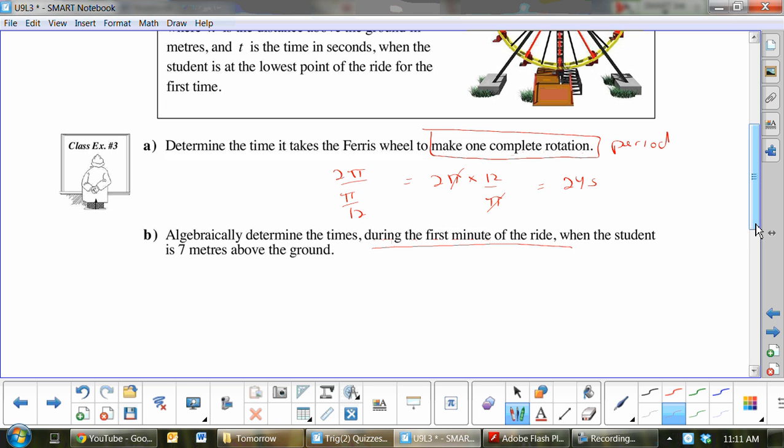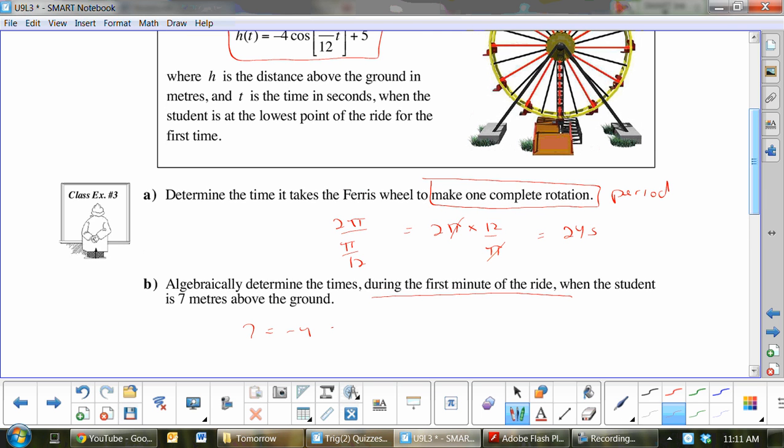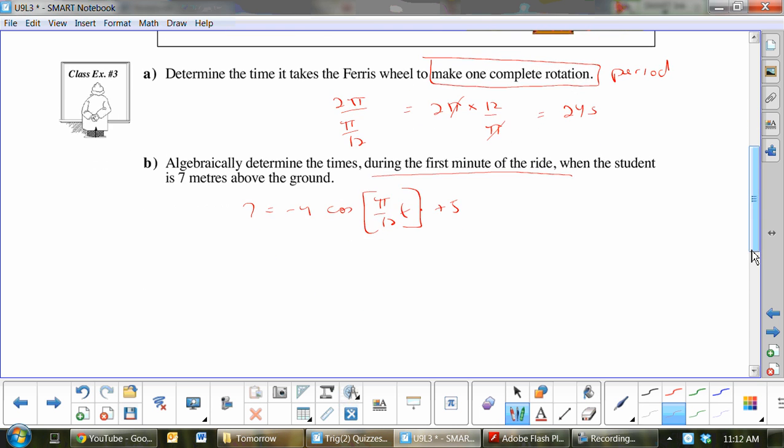Now, we're going to put 7 equals negative 4 cos pi over 12 t plus 5. Now this thing looks kind of impossible to solve, but you'll see actually it works out quite nice.